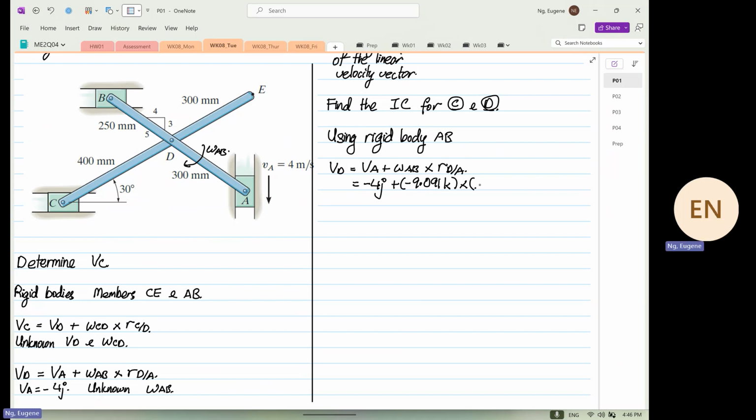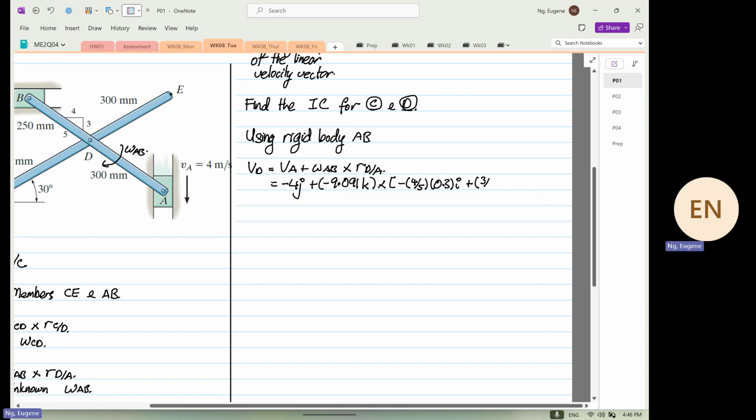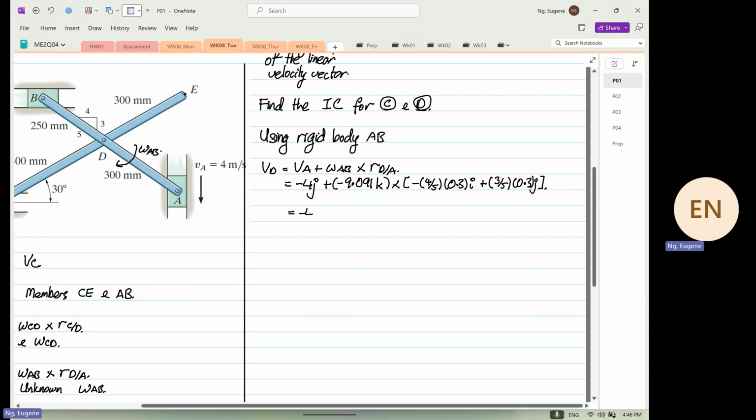So minus, square bracket, minus 4/5 multiplied by 0.3 i, and then positive 3/5 multiplied by 0.3j, and then close bracket. So this will be equal to minus 4j. K cross i is positive, negative, negative, positive.